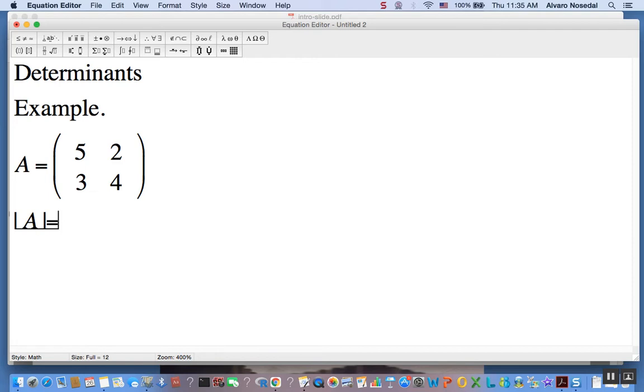Now, let me remind you that to find the determinant of a 2x2 matrix, all you have to do is multiply these two elements located on this diagonal, 5 times 4 in this case, minus these two elements located on the other diagonal, 2 times 3.